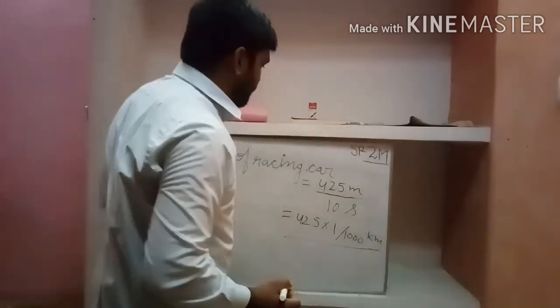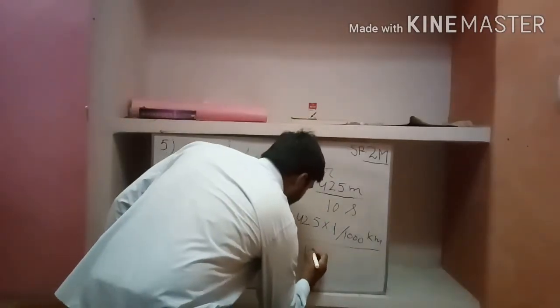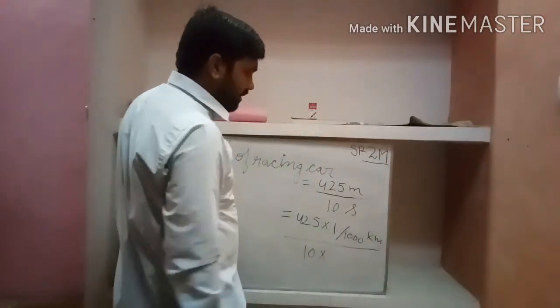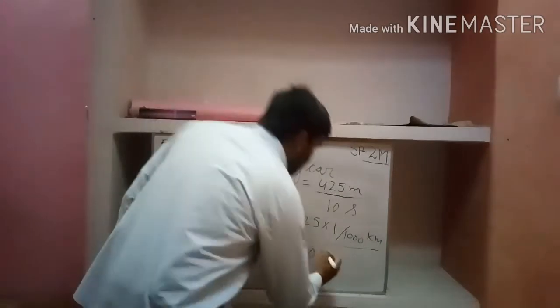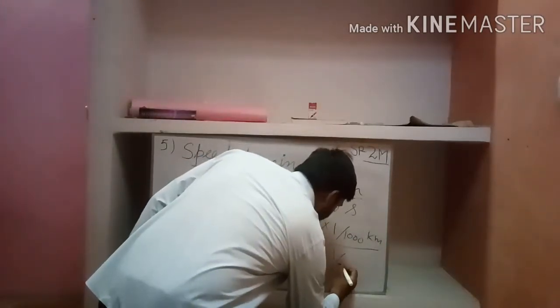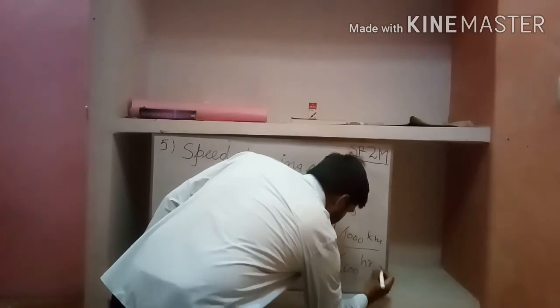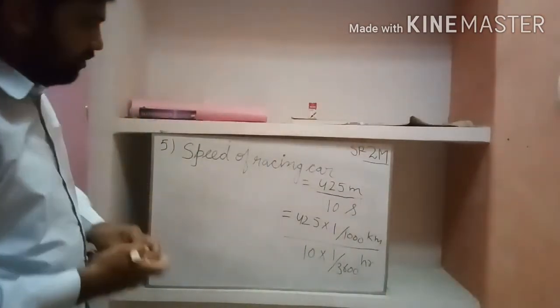And 1 second: 3600 seconds equals to 1 hour, so 1 second is equals to 1 by 3600 hour. Okay. Now it is converted into kilometer per hour.